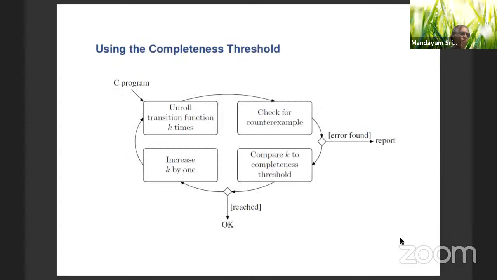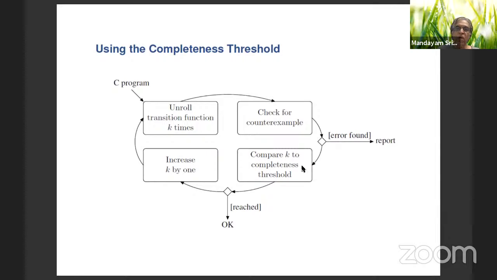So here is the flow chart for bounded model checking. You unroll the transition function k times, and add some extra formula that will check the absence of violation of the property up to that length, and then check for a counterexample. If an error is found, then you report a bug.